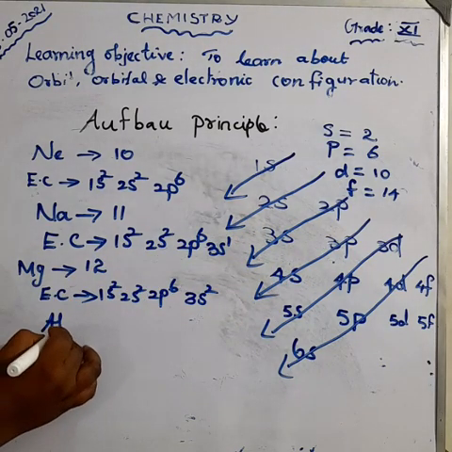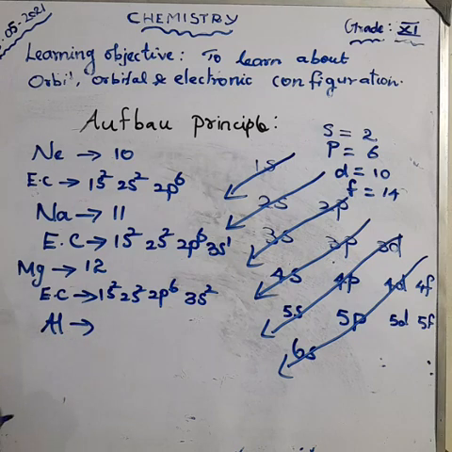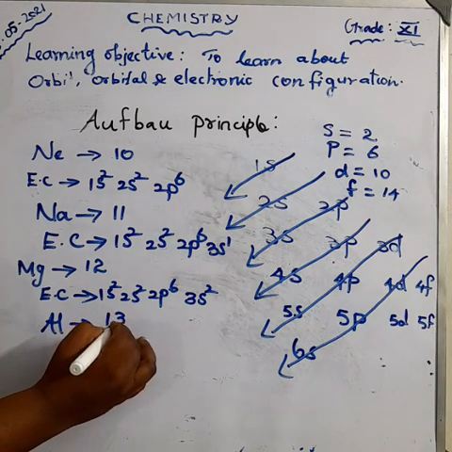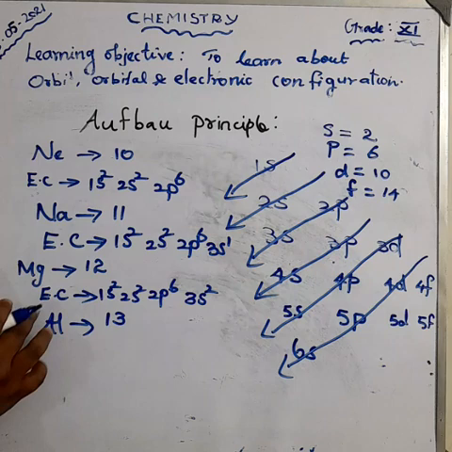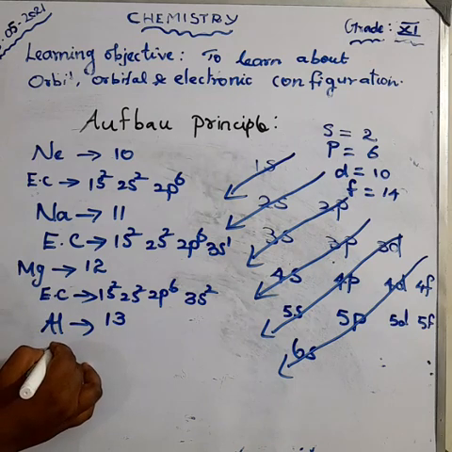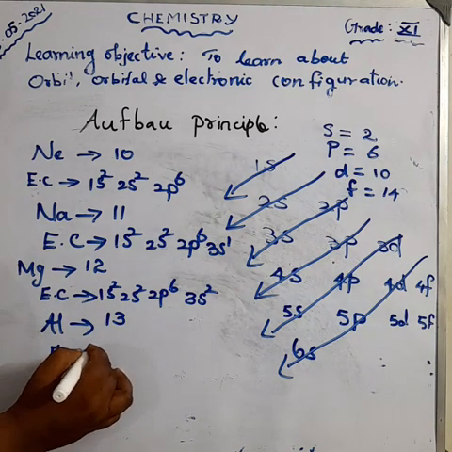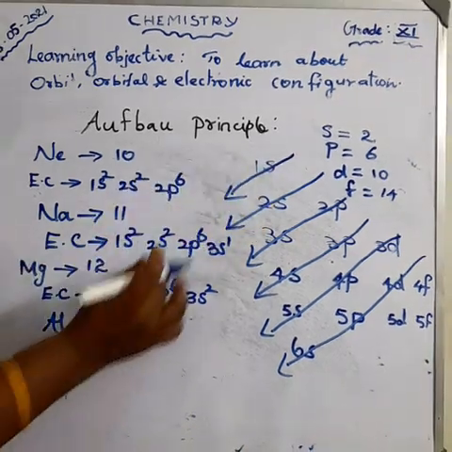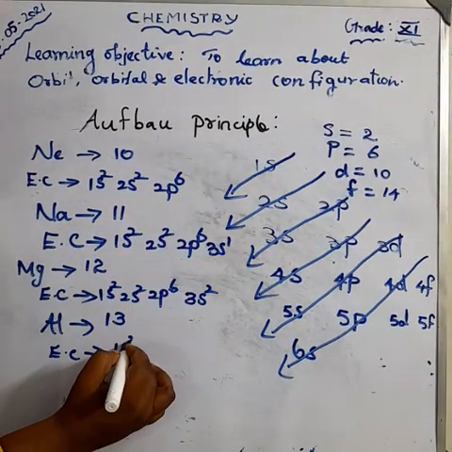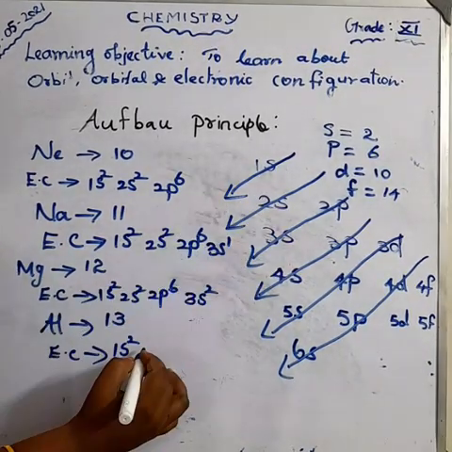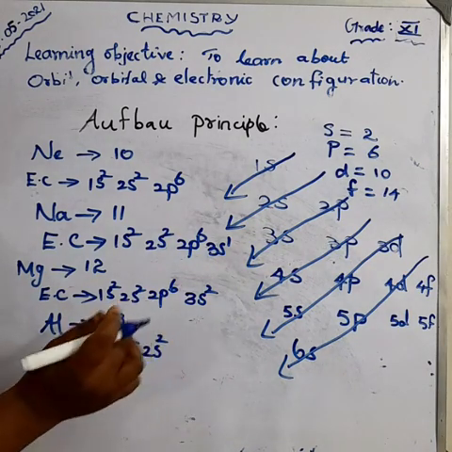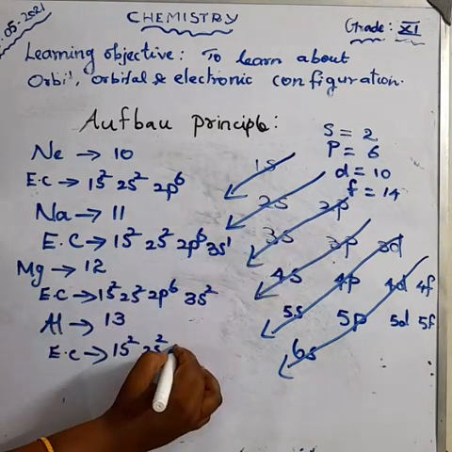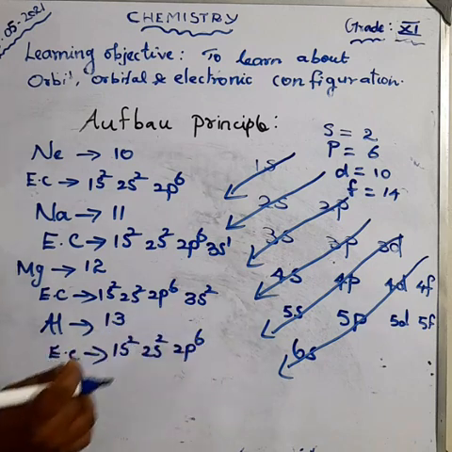And then aluminium. Atomic number of aluminium 13. So electronic configuration for aluminium: 1s2 and then 2s2 and then 2p6.